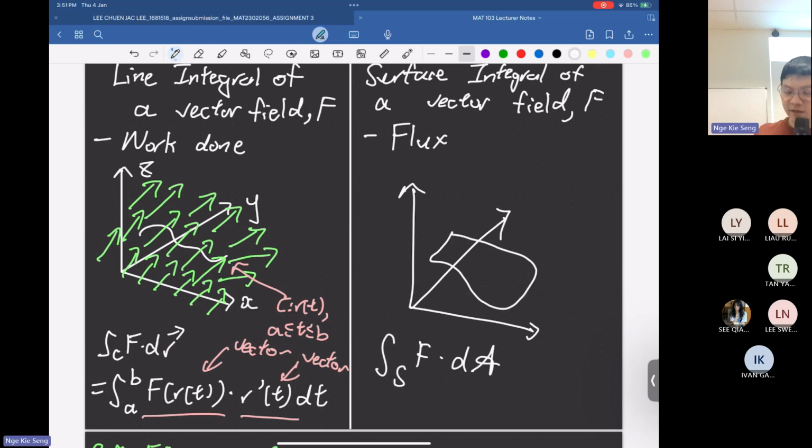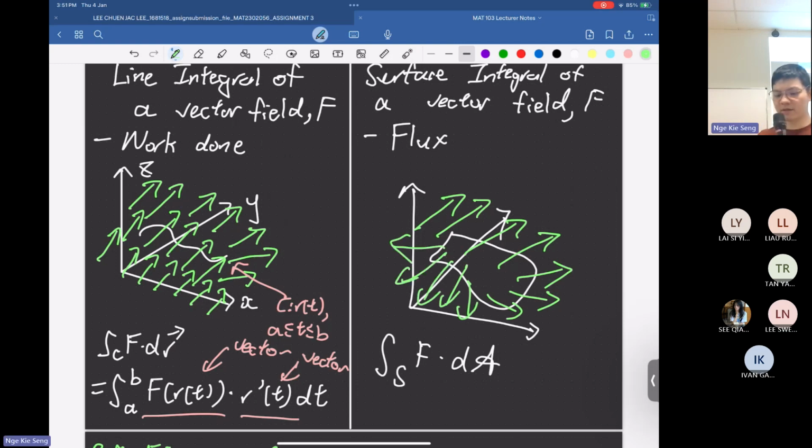You have a curved surface, and you have a bunch of arrows in your space, something like this. So what does this compute? This computes the flux. It's like how strong is the arrow passing through your surface, or coming out from the surface.